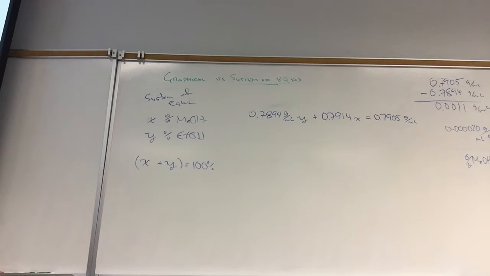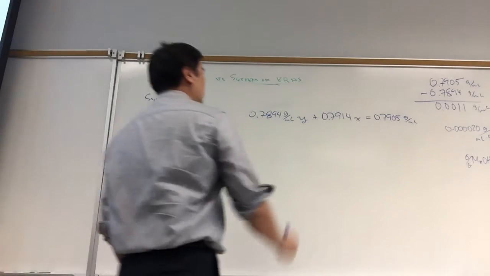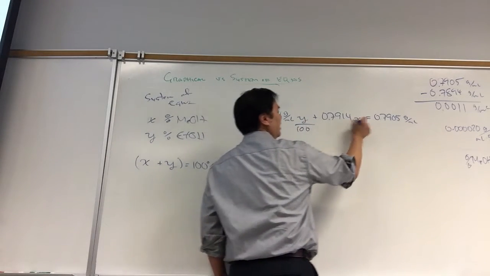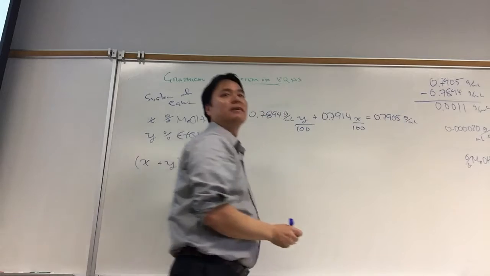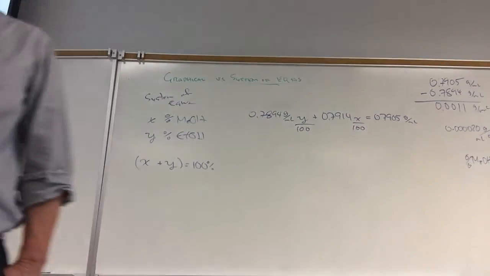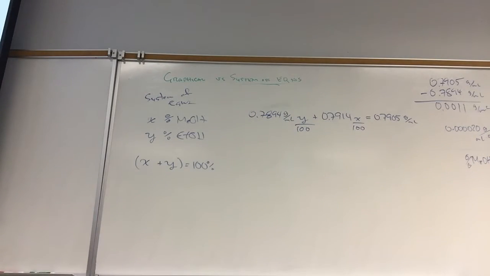Tell me what mathematical function you would use to do it. Over 100. Over 100, good. Yeah, so y over 100, x over 100. There we have it. And so that's perfect. These are the two equations you can use and then solve them, right?